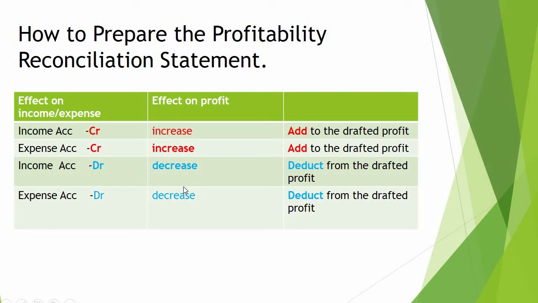In summary, if an income account or expense account is being credited, that will result in an increase in the profit. If an income account or expense account is being debited, that will result in a decrease in the profit.